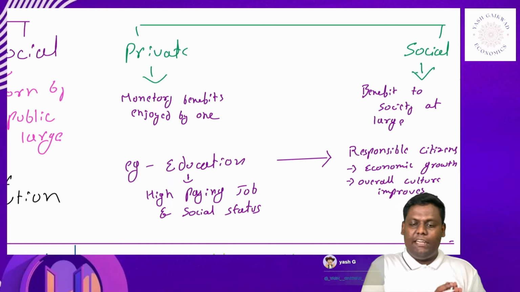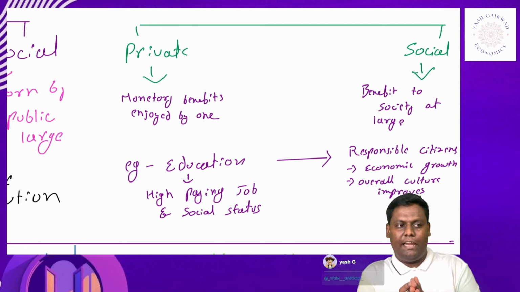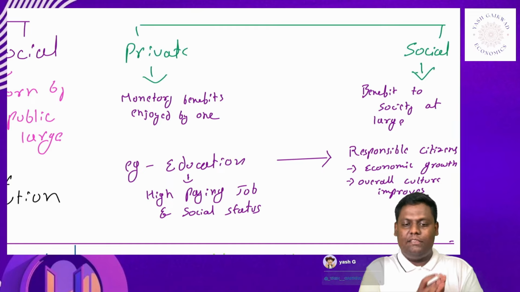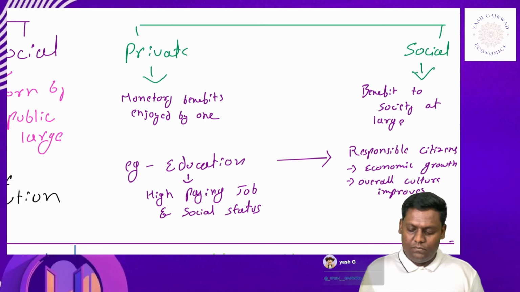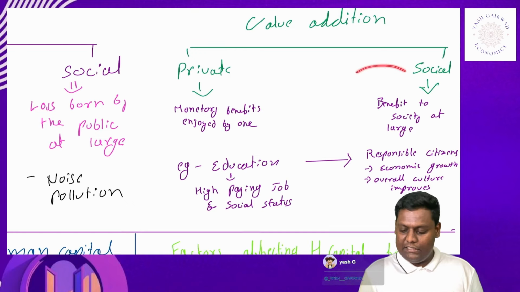And an educated person is more likely to be more flexible and sensitive to cultural and social changes. So I will be more flexible when a new generation comes, and I would be able to mentor them better. And in this process, I'll be able to help create better future human resources. So the overall benefit of me being educated affects society at large. That is the social benefit that is drawn from it.